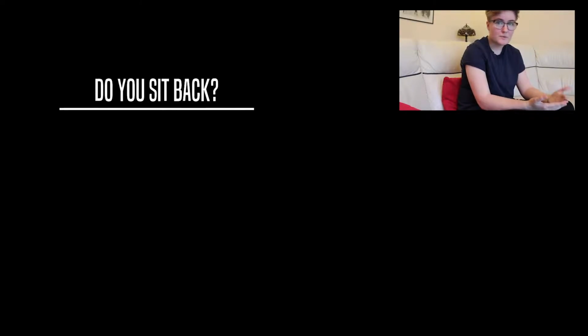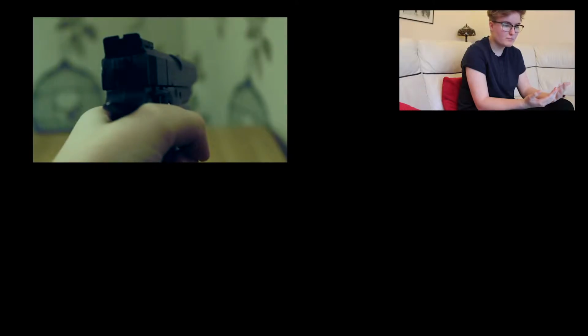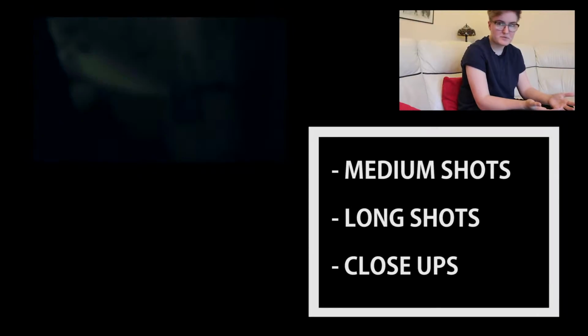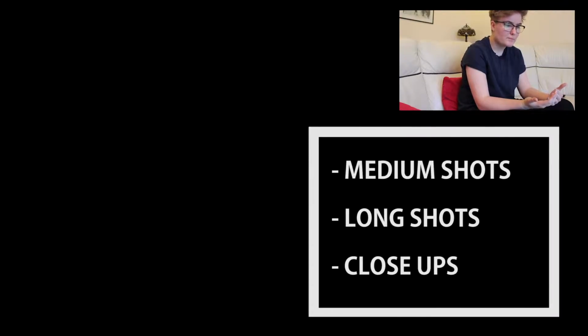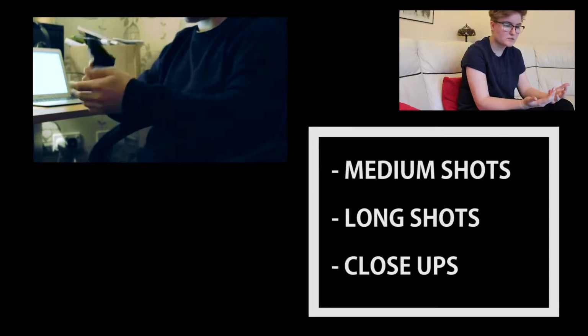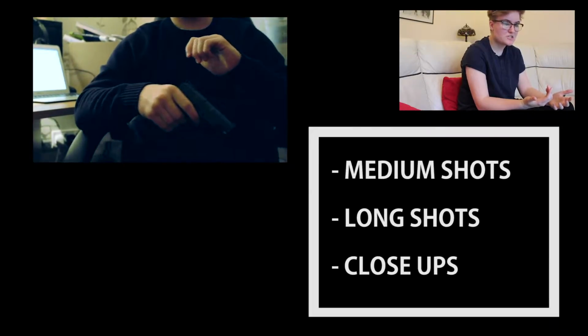In terms of camera work I used, the majority was a combination of medium, long and close-up shots of my protagonist. This introduced the audience to my protagonist by his facial expressions and the situations he gets himself into.